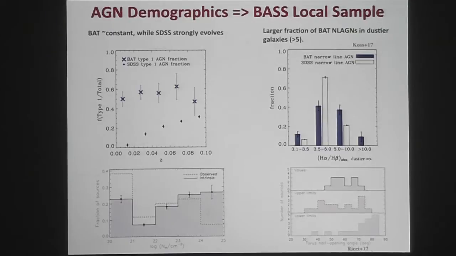BAT is still biased. They still have a harder time finding obscured AGN because they're fainter, and so you'll see fewer of them. So you need to make a correction for that. The fact that you can see some of them is good because you can make that correction. Whereas with Sloan, you don't know anything about that, so you have a harder time understanding the intrinsic population.